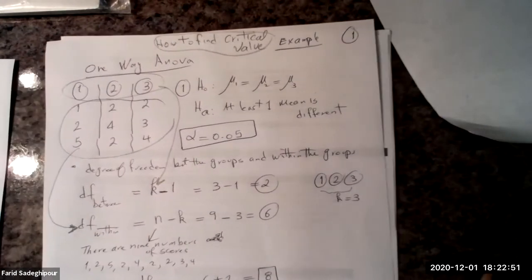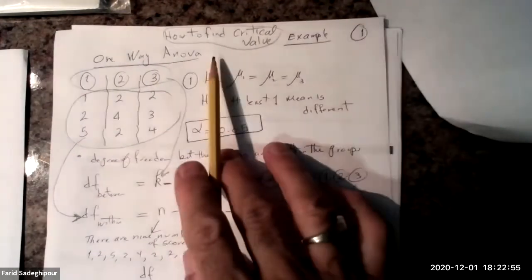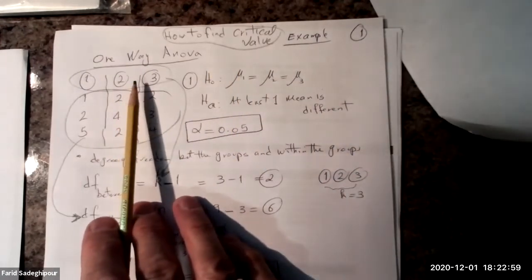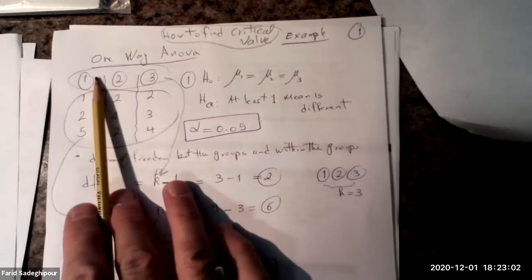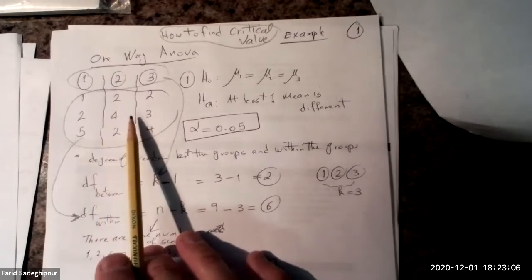All right. Here is another example. I picked this from one of the textbooks that show you how to do it. If we ask you to find a critical value, this is how to do it. This is a very simple example. There are 3 sets of numbers, 1, 2, 3. Each has 3 numbers in it.